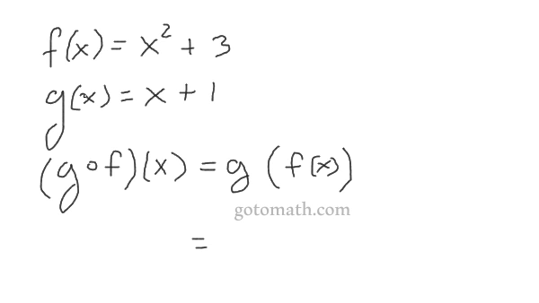We're going to set up these two functions in Python, then we're going to do a composite function, and what we're going to first do is find g of f of 2.